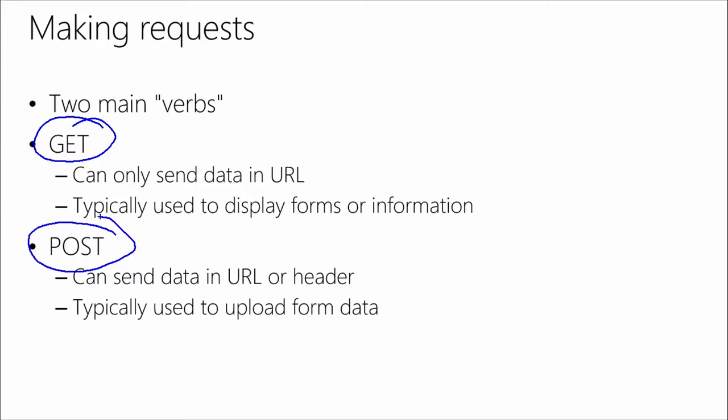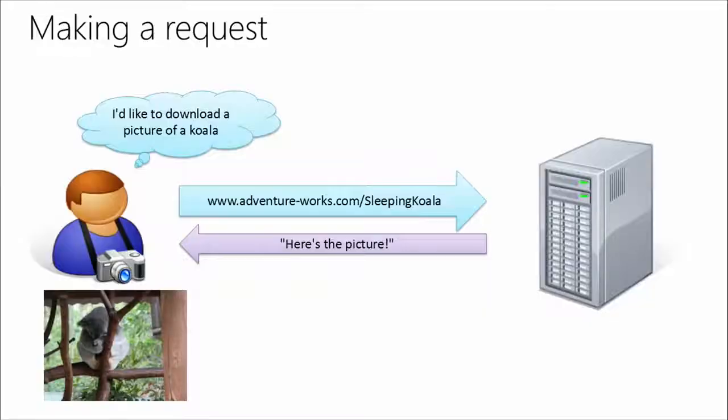It's not entirely true, because I can still send information when I do a GET. After all, winding this all back to my little cute koala picture, we sent information. We said we wanted a sleeping koala. And that was a GET.